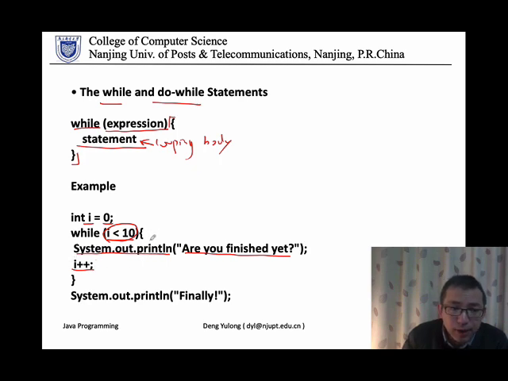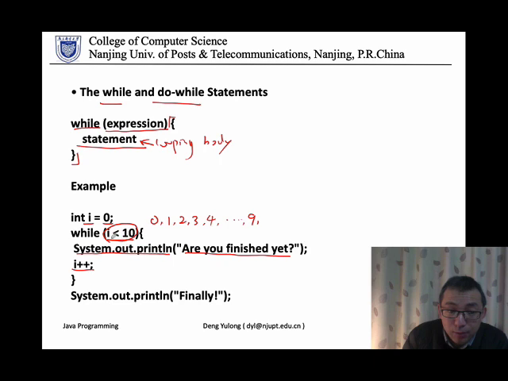So inside the looping body, each time this variable will be incremented by 1, from 0 the first time, and the second time it becomes 1, and then 2, 3, 4, till it's 9. 9 is still valid for this looping body, but when 9 is incremented by 1 the result is 10.